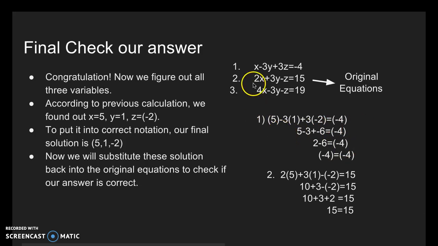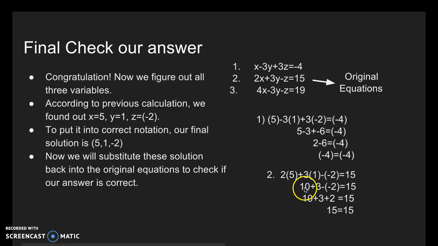Let's check our second equation right here. 2x plus 3y minus z equal 15. Okay, so x equal 5. 2 times 5 plus 3 times 1, which is y right here, minus negative 2, which is z, equal 15.